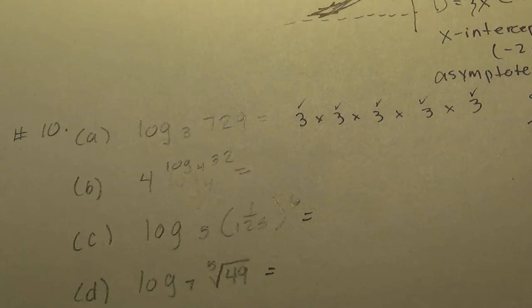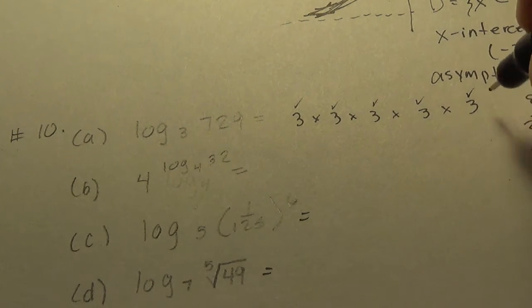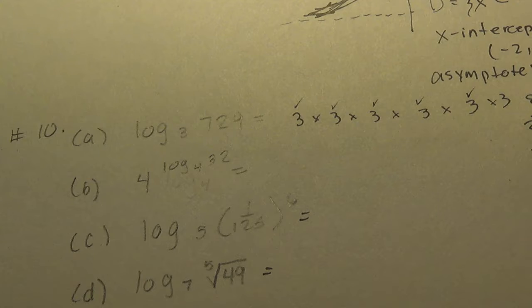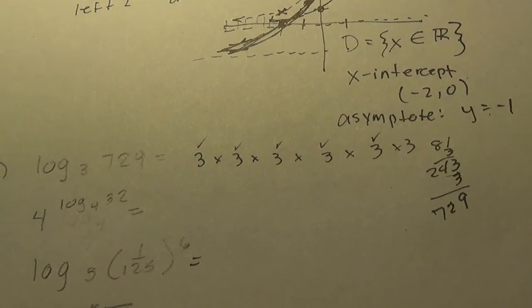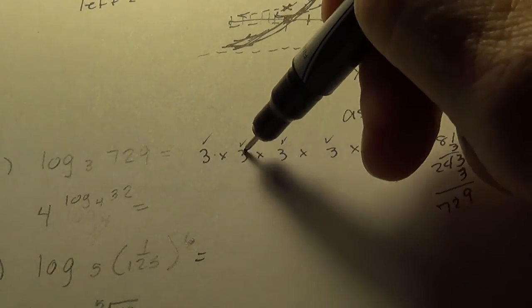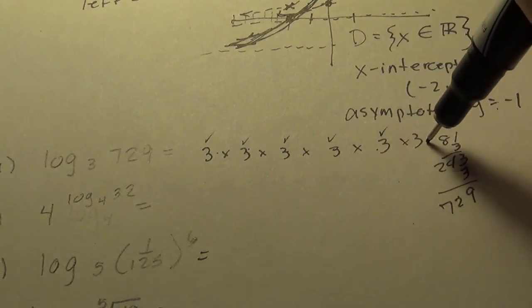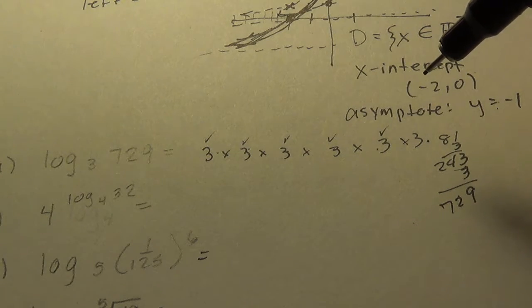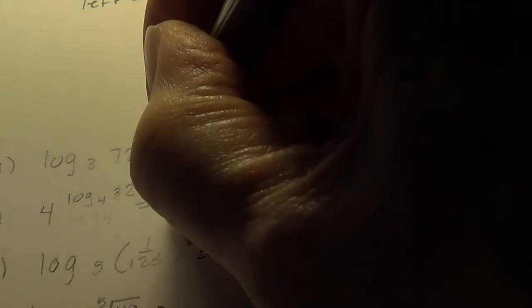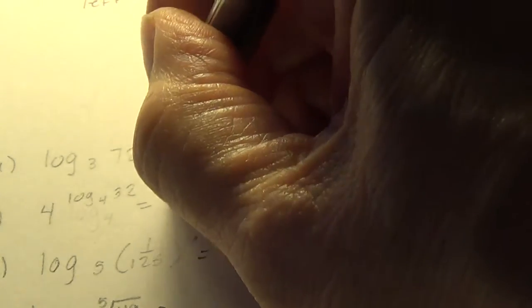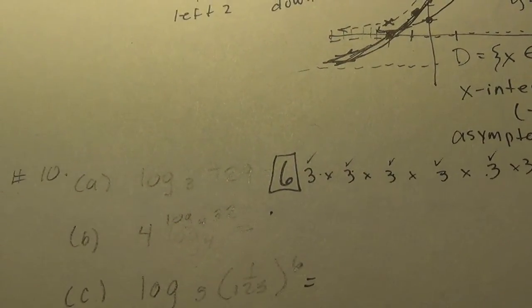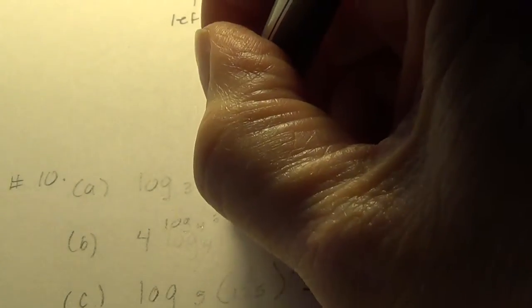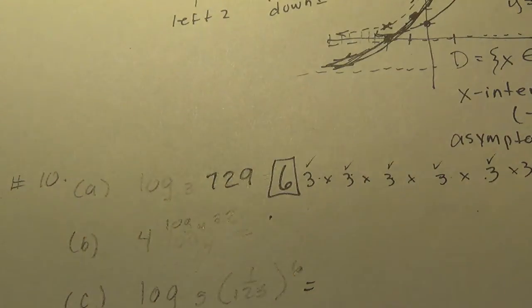So I'm not there yet. It's probably the next one, times 3. So let me check that. It is. So doing some scratch work there on the side, I found out that I had to use a 3 1, 2, 3, 4, 5, 6 times, and that gave me the answer 6. So what exponent do I give 3 to get 729? The answer is 6.